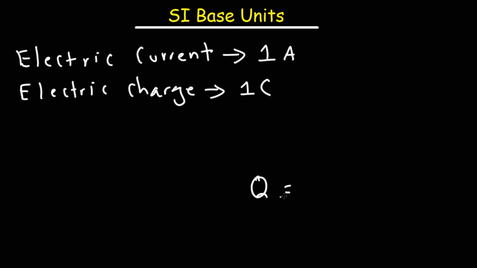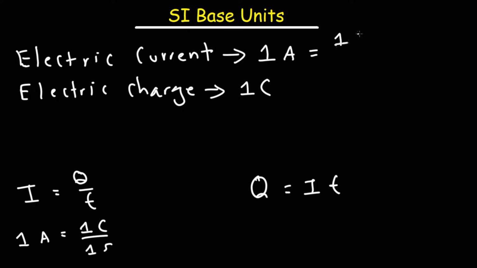Now, Q is equal to IT. Q is the charge measured in coulombs. I, in physics, is the electric current measured in amps. Time is in seconds. So if you solve for I, you get Q over T. What this means is that 1 amp of current is equal to 1 coulomb per second.